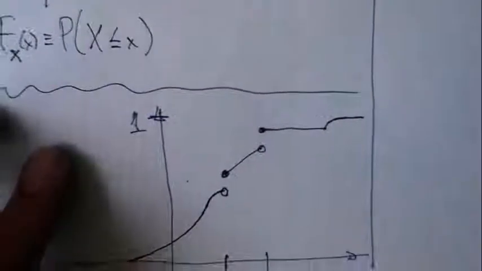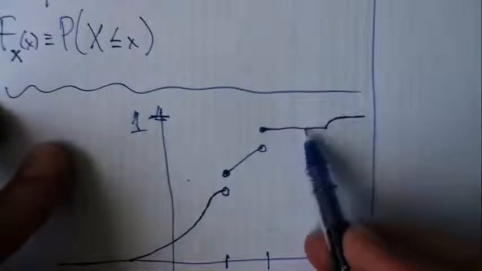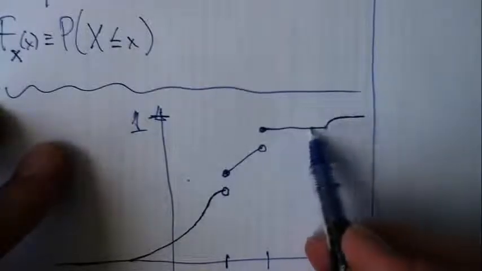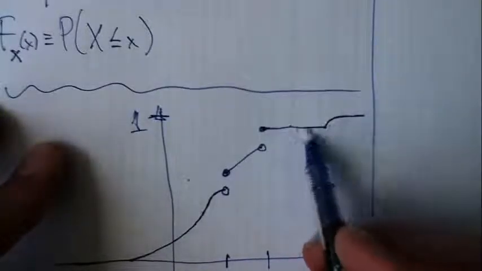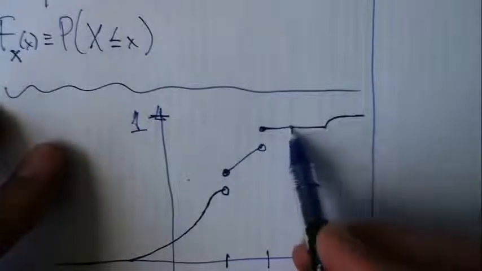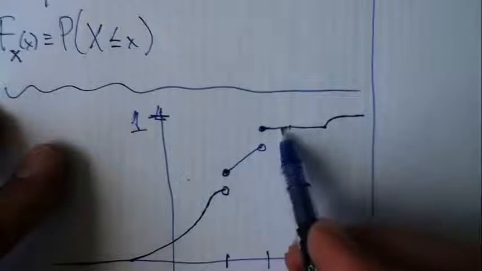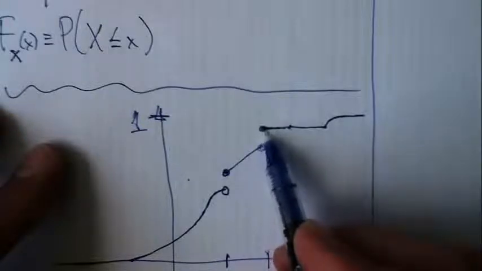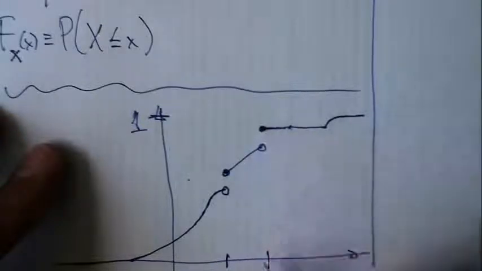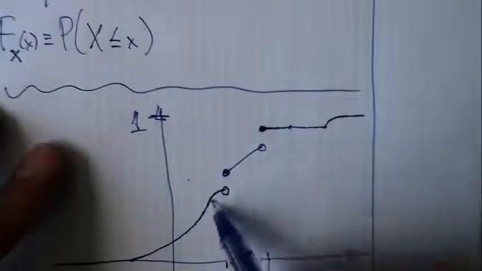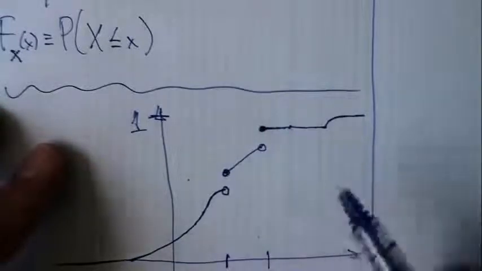You can see it over here. For any point, as you approach it from the right, the limit is equal to the function evaluated at that point. Even here, as I approach from the right, the limit is equal to the function evaluated at the point b, at any point on this function.